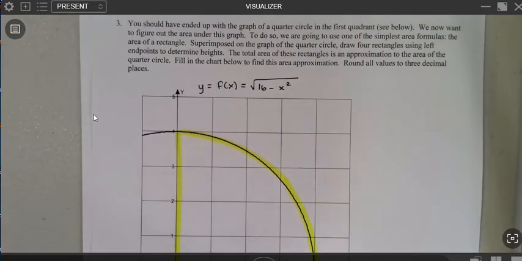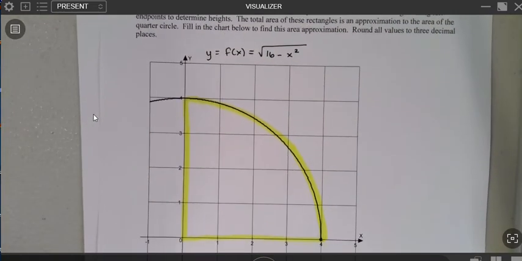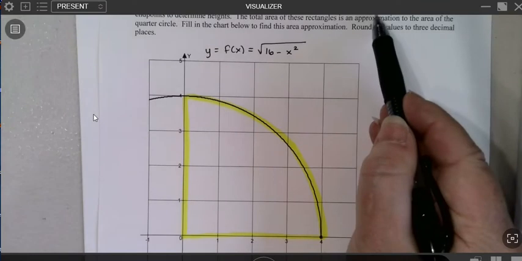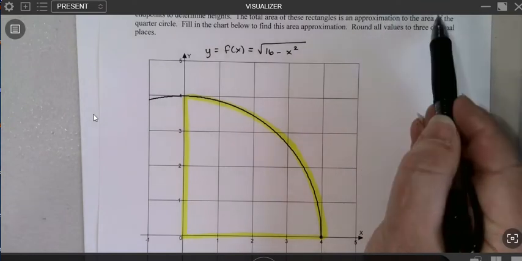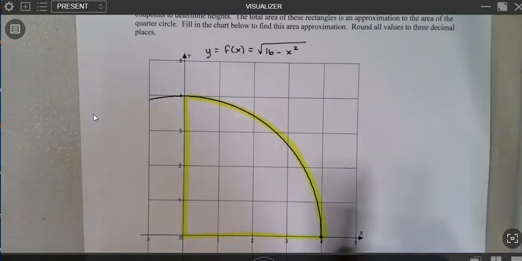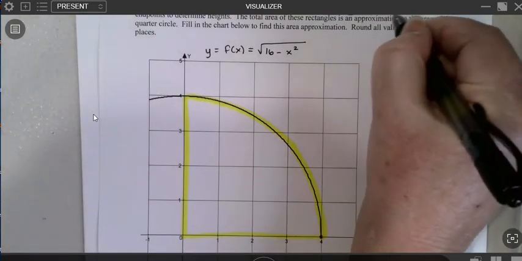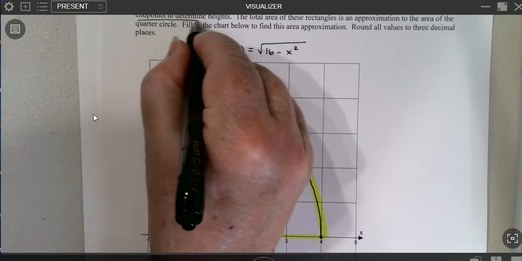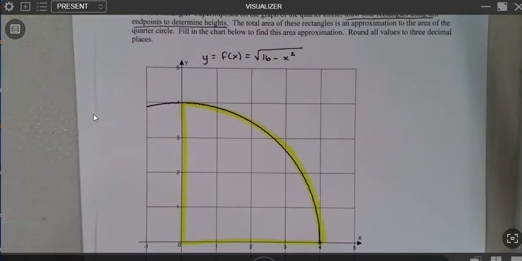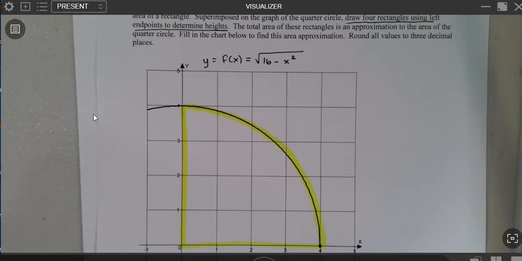All right, to approximate the area, I'm going to use 4 rectangles. And for right now, as it says here, drawing my 4 rectangles, I'm going to use the left endpoint on my curve here to determine the heights. Try and get this so you can see the whole thing. There we go.